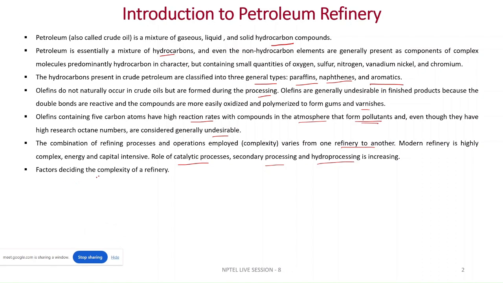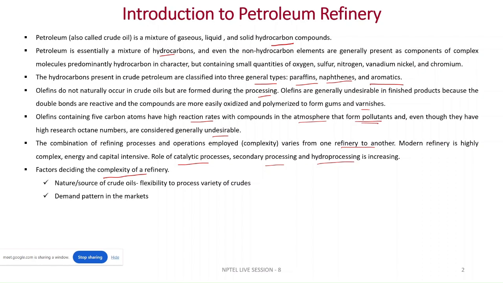Now, the factors which decide the complexity of a refinery include the nature and the source of the crude oil. That I have already told, that the nature or the characteristics of the crude oil you are feeding to the refinery, based upon that, all the processes involved vary. Demand pattern in the markets. So, what is the demand? What are the products out of the petroleum refinery plant?